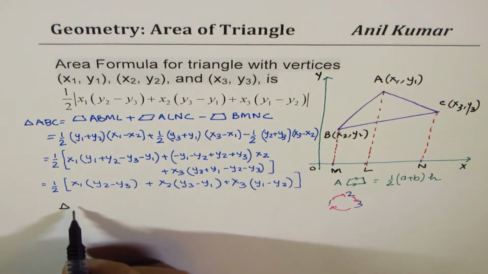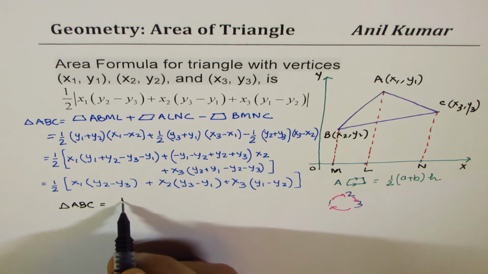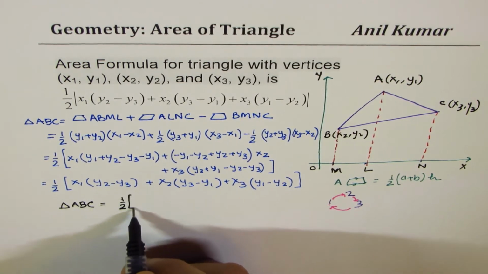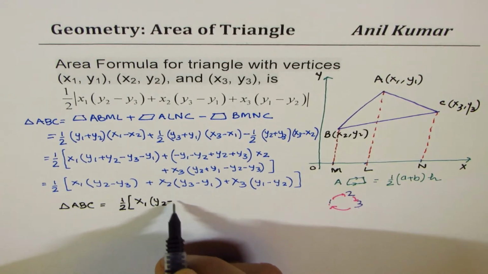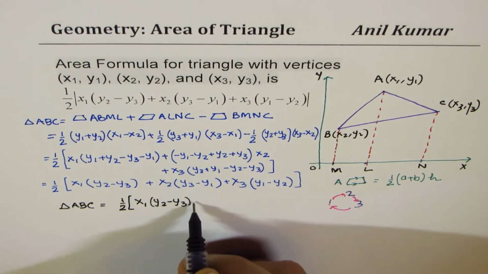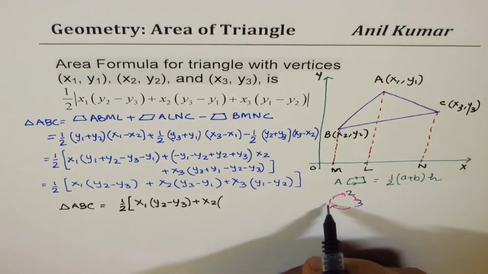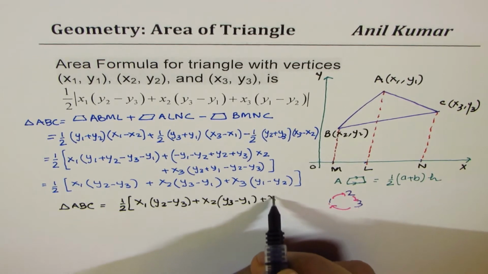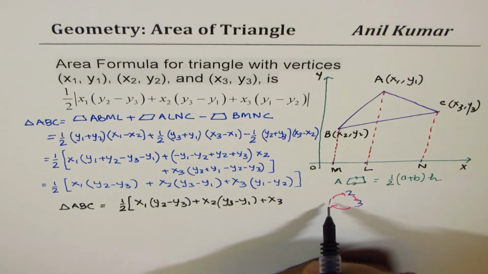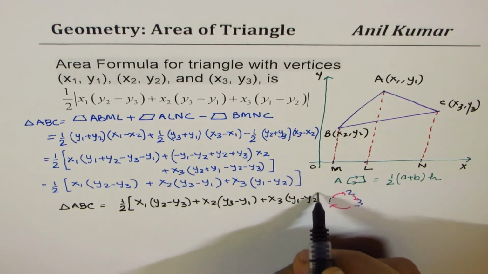For a given triangle ABC with any general coordinates, the area of triangle is half of, if you write x1 first, you do y2 minus y3, correct? Then we have to write x2. Follow the pattern, y3 minus y1, and with x3, you're starting at 3, y1 minus y2, right?